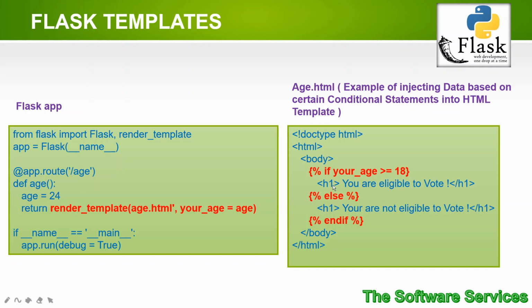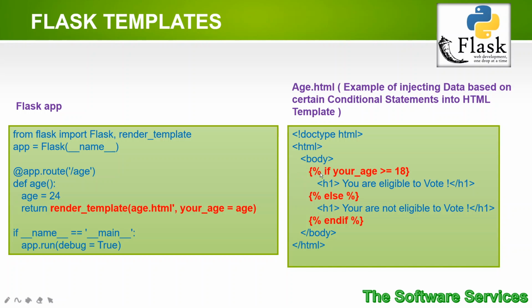If the statement is false, then it won't execute this h1 tag inside it. So this is conditional evaluation. The message "you are eligible to vote" will print on the screen only when the age supplied by this Python function determines it.